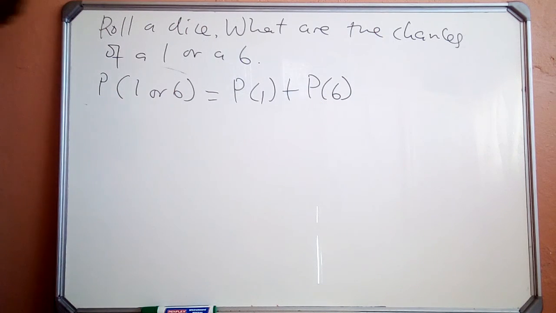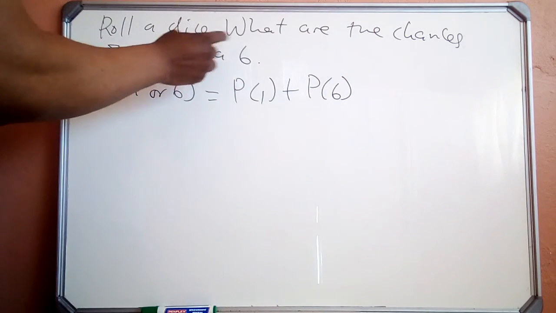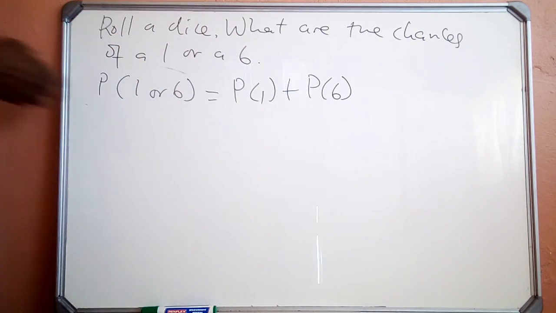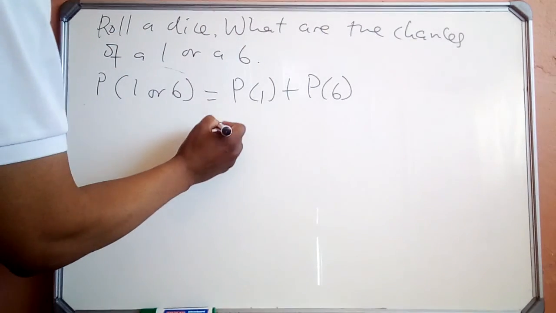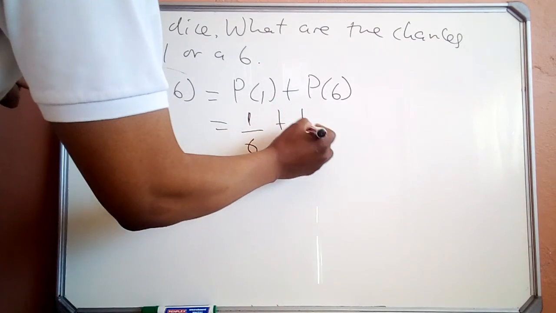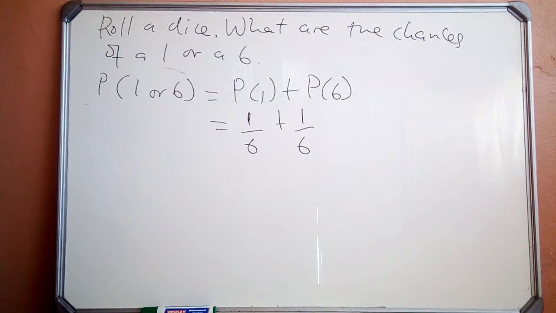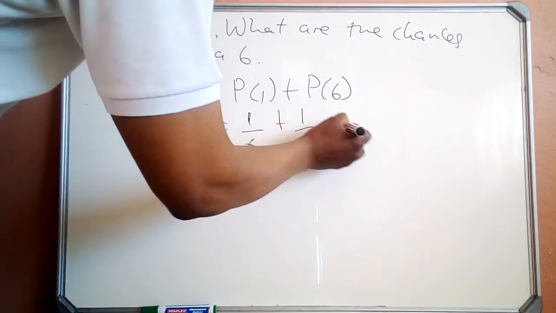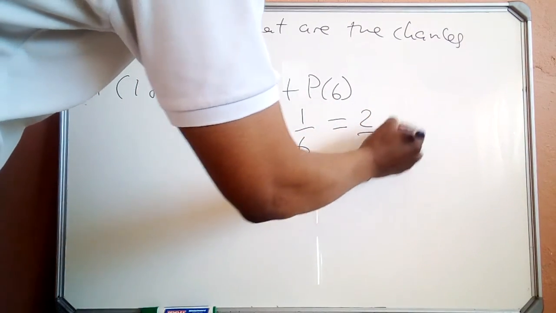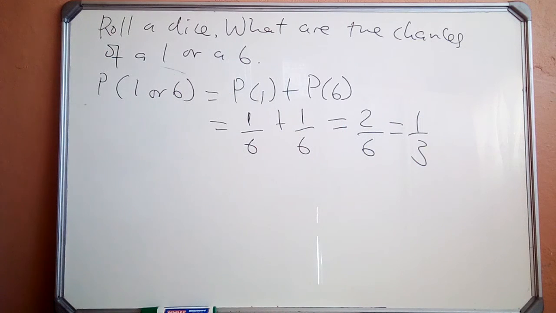We know that we've got 6 different options on a die: 1, 2, 3, 4, 5, and 6. So the probability of a 1 is 1/6, and the probability of a 6 is 1/6. So 1/6 plus 1/6 gives you 2/6, which is 1/3. So the probability of 1 or 6 is 1/3.